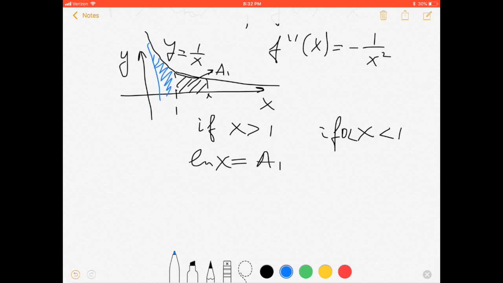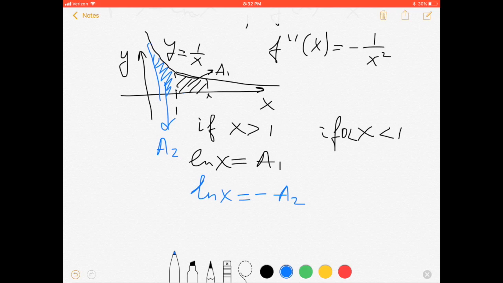The natural logarithm of x in this situation, if the area is A2, will be negative A2, because we have an integral from 1 to x, and the border goes from bigger to smaller, so we need to take the opposite.